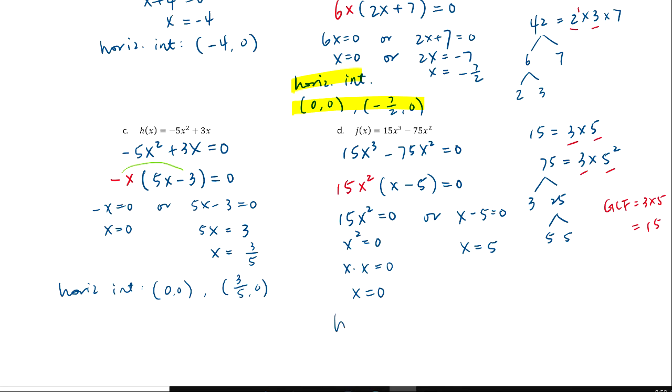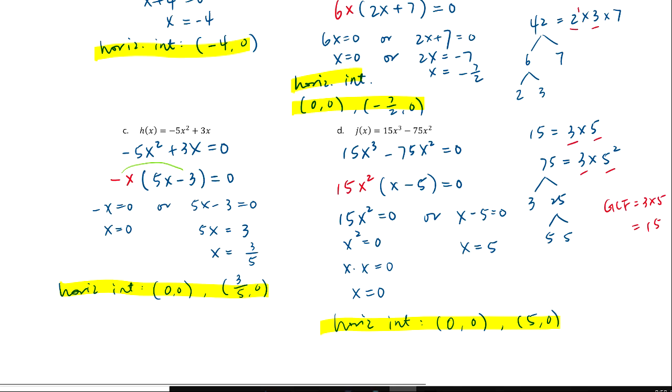And therefore, our horizontal intercepts are set to be (0, 0) and (5, 0) over here. And these would be the solutions for this type of problem. Take a minute to make sure you understand this process and think about how you can find the GCF the easiest way.